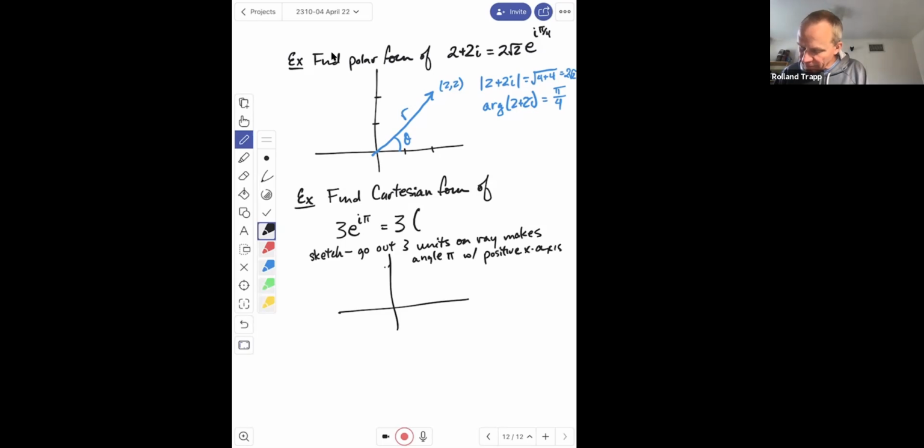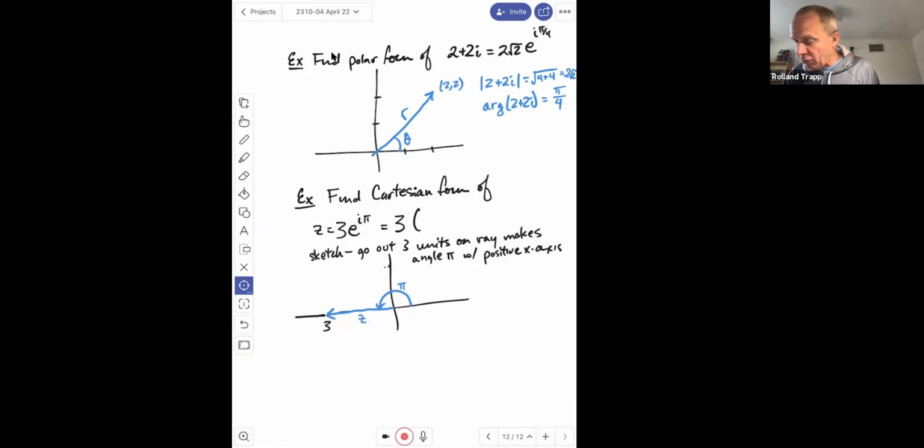So I go through an angle of pi, which is the same as 180, right? And then I go out 3 units. If this is z, that's my vector z. So in polar form, it's very easy to sketch. You just go to the right angle and go out the right distance, and you're done.